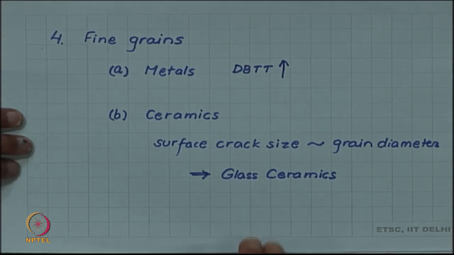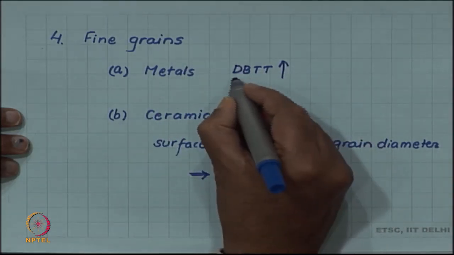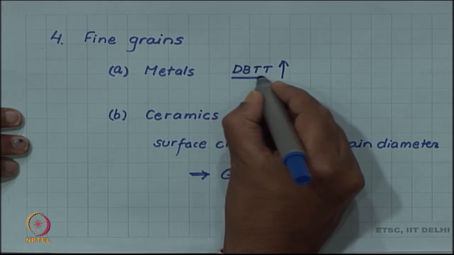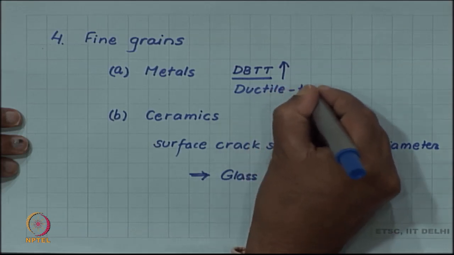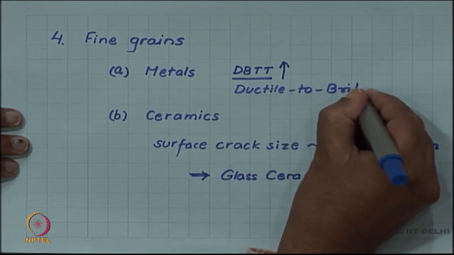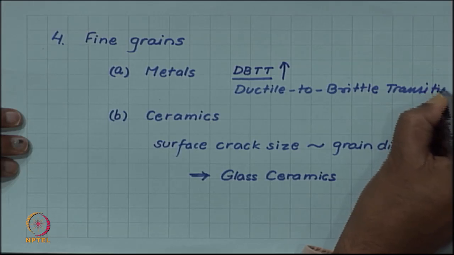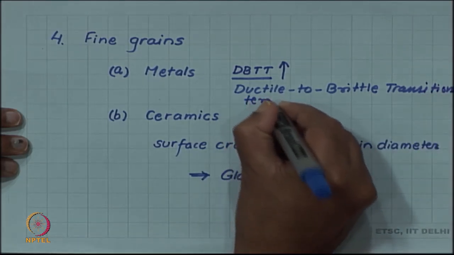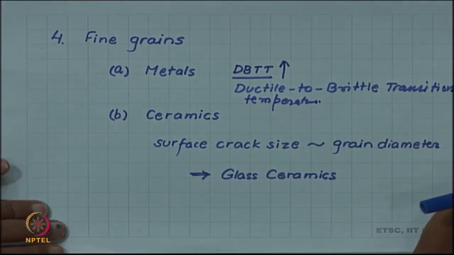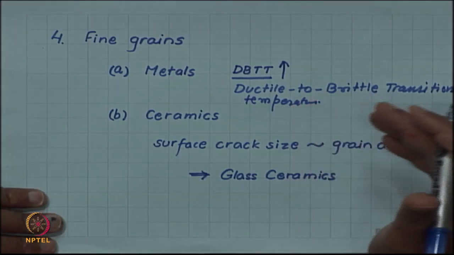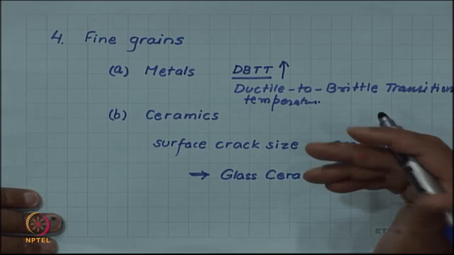Yet another method for enhancing fracture stress is to have fine grains. We have seen that for metals, fine grains lead to a lower ductile to brittle transition temperature, which means a reduction of brittleness and more toughness of the material.